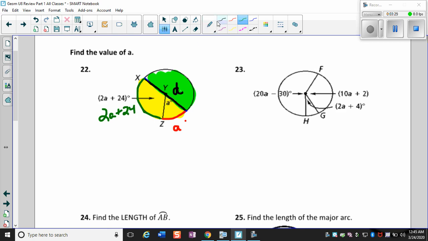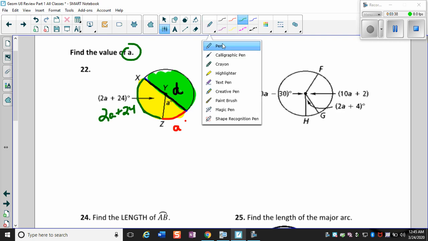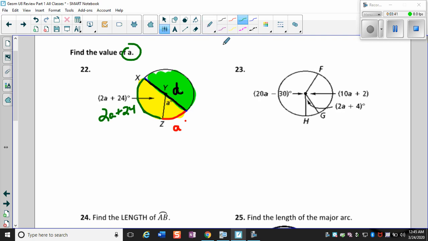Since we know that a semicircle adds up to 180, I want you to begin to think about, well, whenever we're solving for a variable, we must create an equation. We must get creative here and try to create an equation.